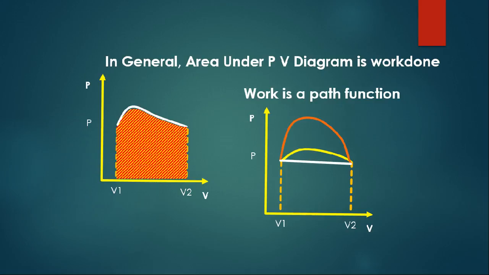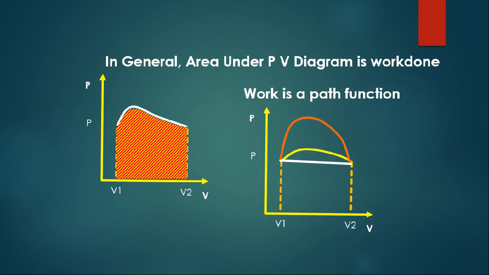And in one more case, the area under this white line is the work done in that process. So even with the same initial and final conditions, the work done may vary. It depends upon the path that is followed. So work is called a path function. It depends upon the path through which the process occurs.